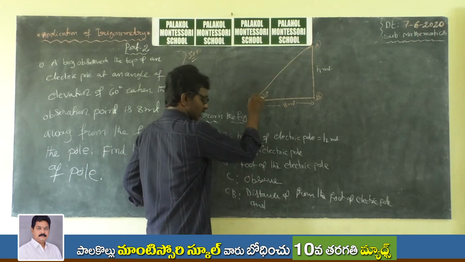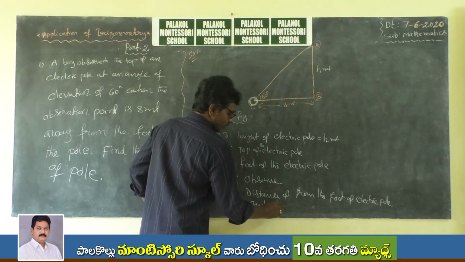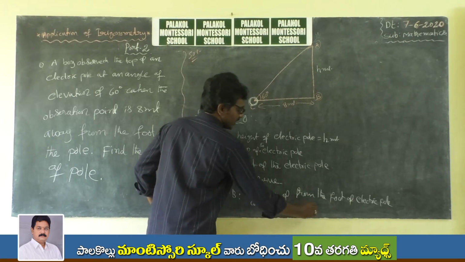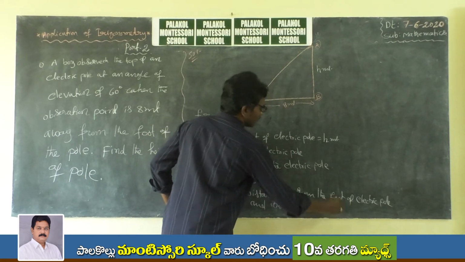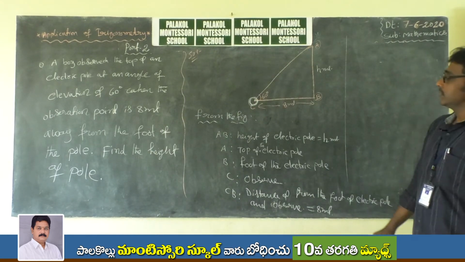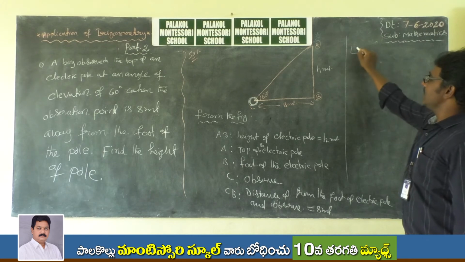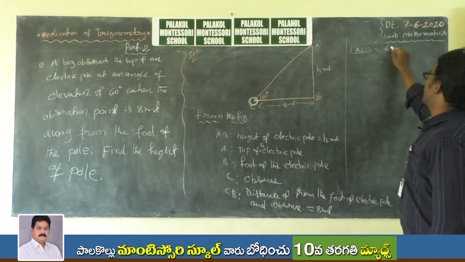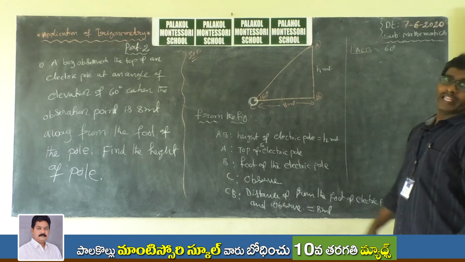Here a person is there, that is a boy, that means observer. That is equal to 8 meters. And see guys, angle ACB is an acute angle, that is according to some angle of elevation.